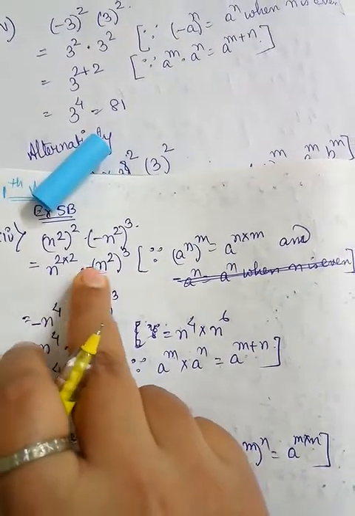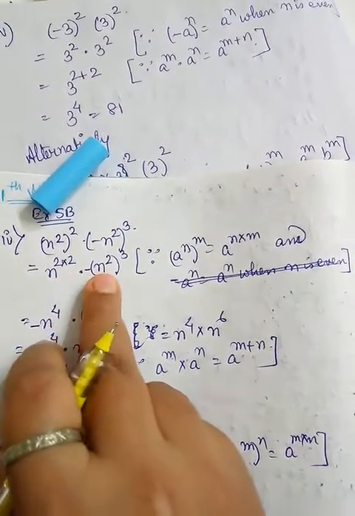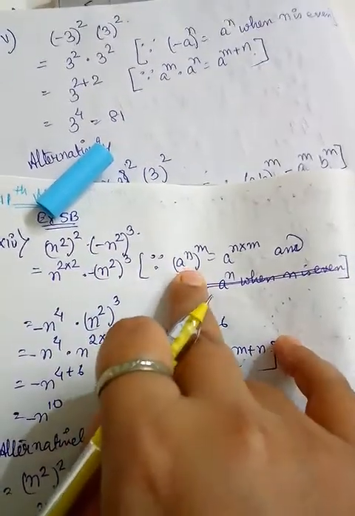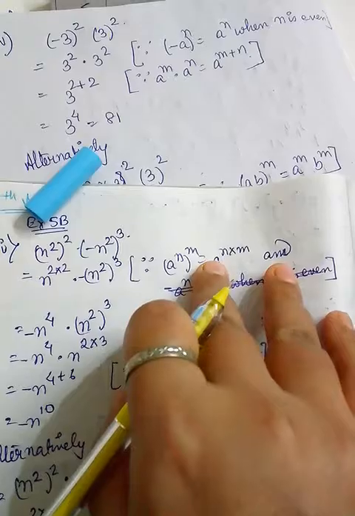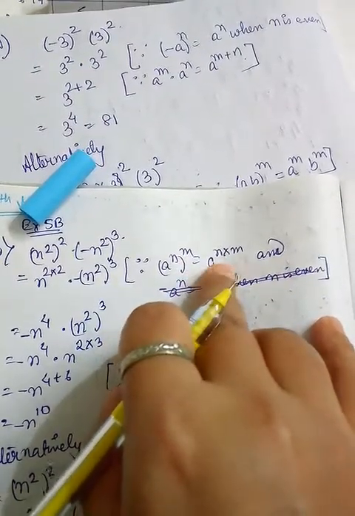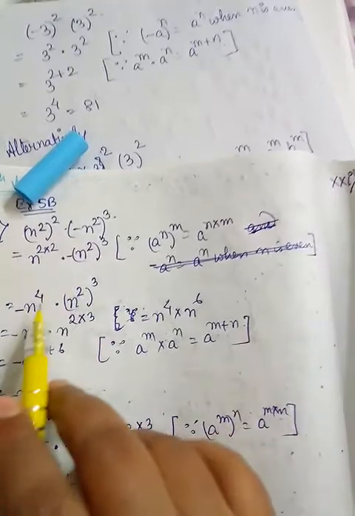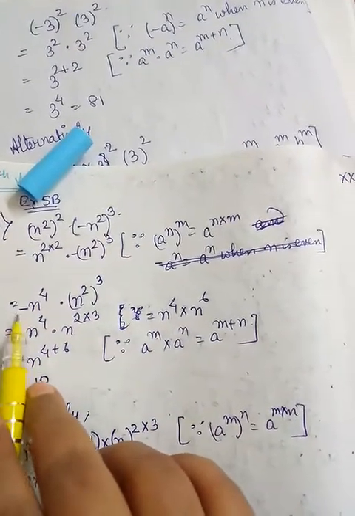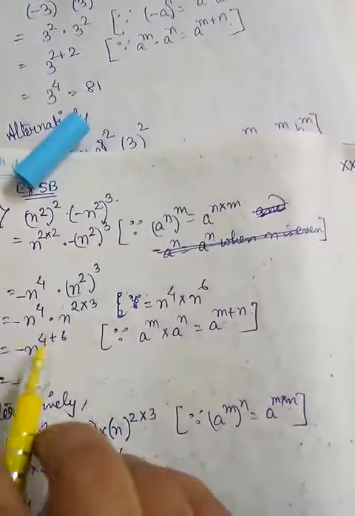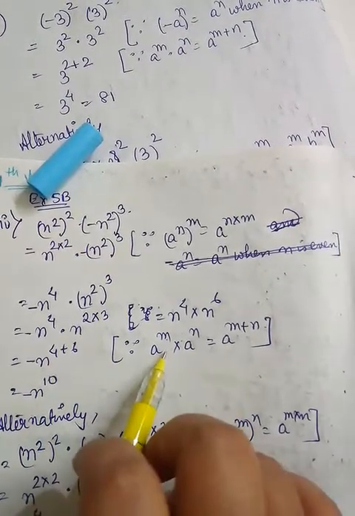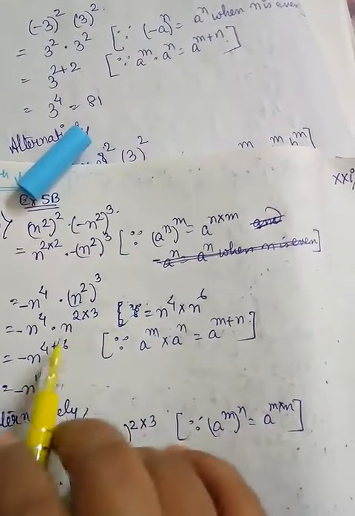So I have just put the negative term outside. I have written n square whole cube and I have used the general formula, that is a raised to the power m whole raised to n equals a raised to the power m into n, and I have brought the negative term at the beginning and then solved using the laws of indices. Whenever I am using any law of indices, I have just mentioned it.